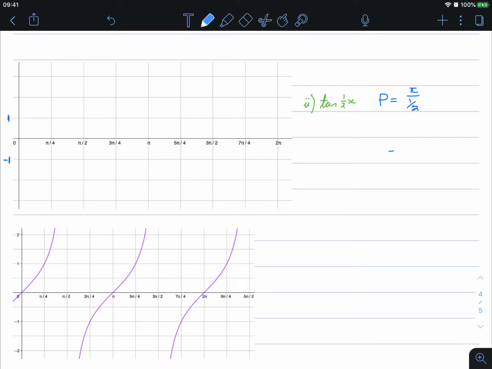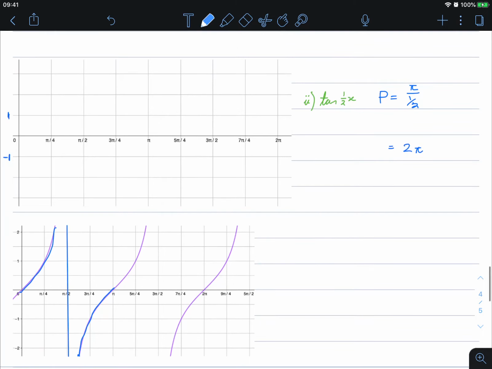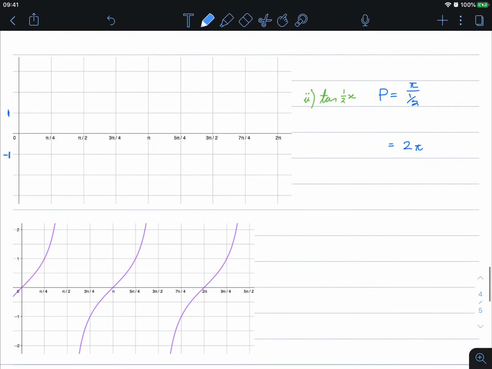Pi divided by half is 2 pi. So this one cycle here of going up to infinity, asymptotes, and then to 0, is going to be stretched out all along this function here. Okay, so we're going to figure out where the asymptote is first, the 1s and the 0 values.